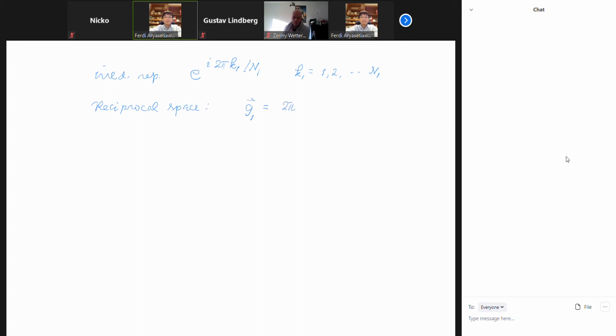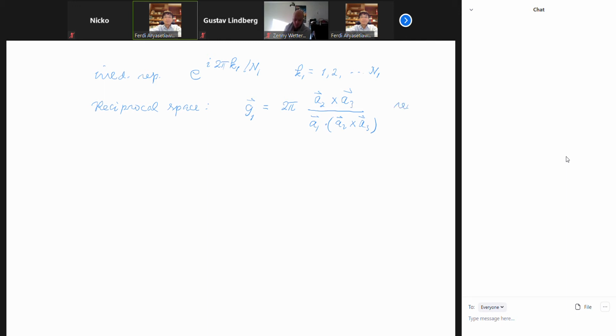G1 is defined like this: A2 cross A3 divided by the volume. It's the definition of the reciprocal lattice vectors.